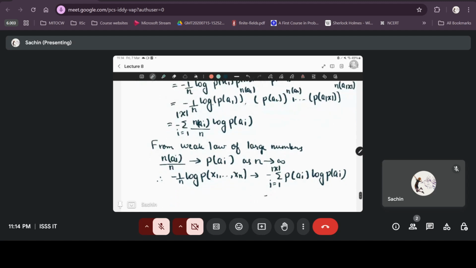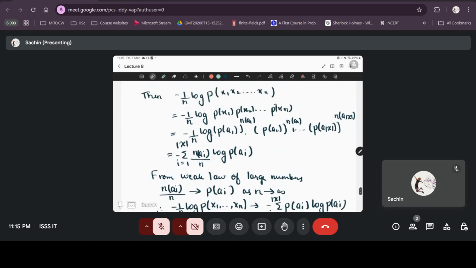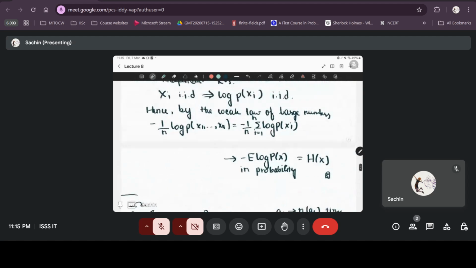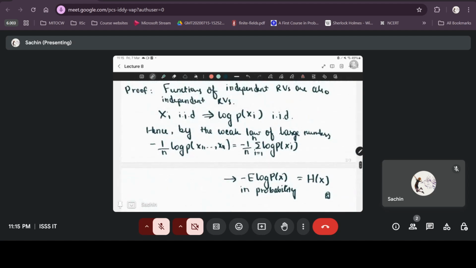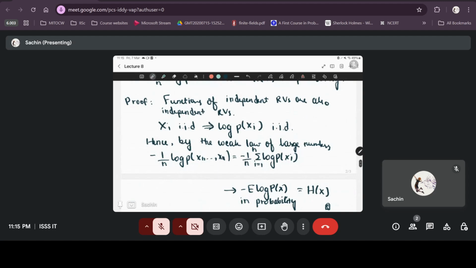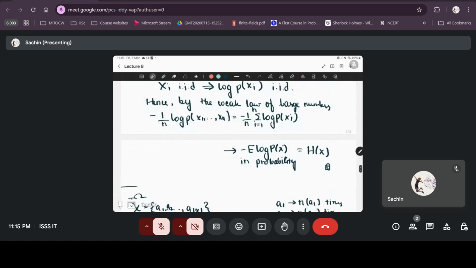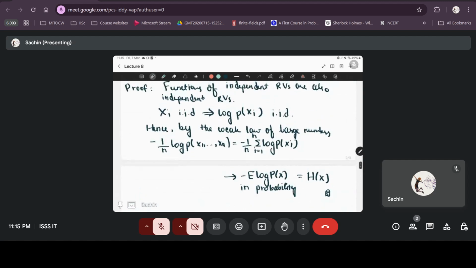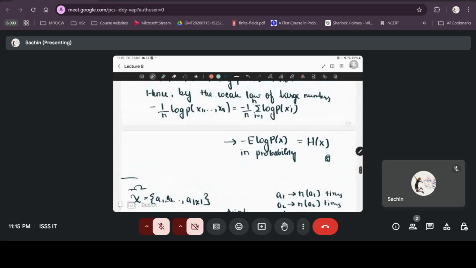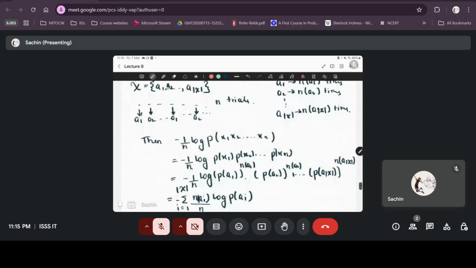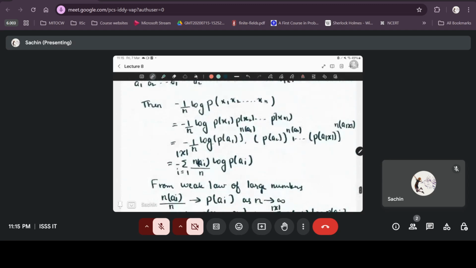What is this quantity? This is nothing but H of X. So that is the proof that the textbook glossed over, assuming you understood what exactly they are doing, which is using the notation minus E of log p of capital X. In that notation it's easier to write, but this is what is hiding beneath the notation.